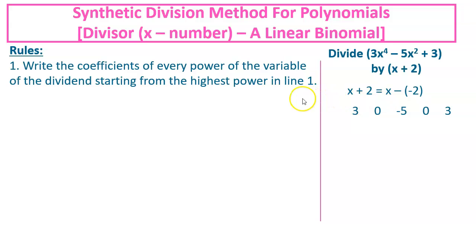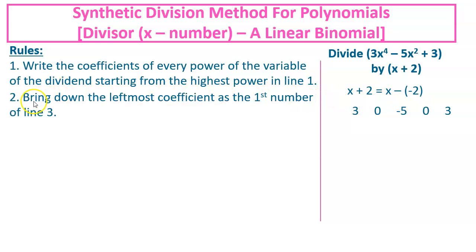Okay. Next, what do we do? Rule number 2, bring down the leftmost coefficient. The leftmost coefficient is the first term of line 3. We bring down this number. This is line 3. And we have to write this. This is the divisor.